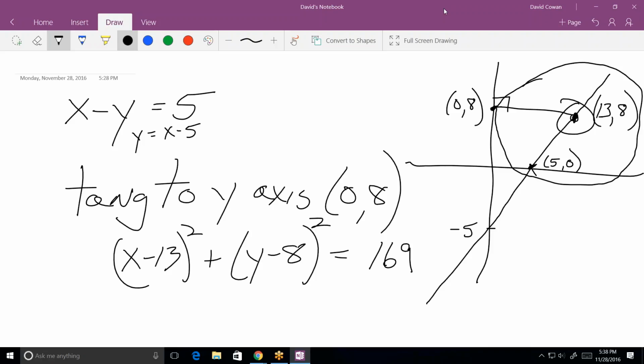Well, if you plug in 0 for x and 8 for y, does that satisfy this equation? Yeah, because negative 13 squared is 169 and the y cancels out. Right. Now, that's not proof that we have the right answer, but it's pretty good confirmation, and we don't have any other points on that, and we could figure out what that point was.